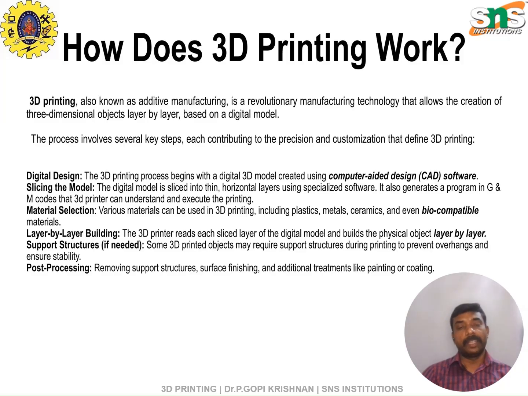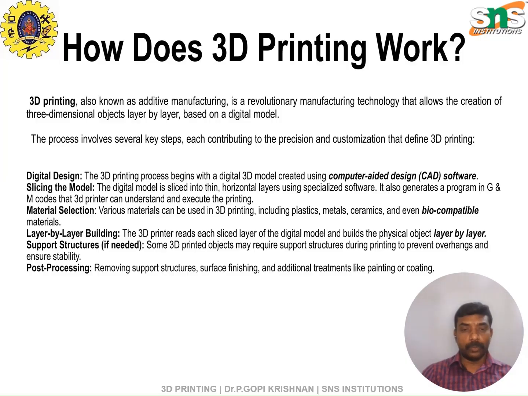Step number three, material selection. We can use a number of materials for making the component, predominantly plastics, metals, ceramics, and even biocompatible materials due to the advancement of research in 3D printing technology nowadays.